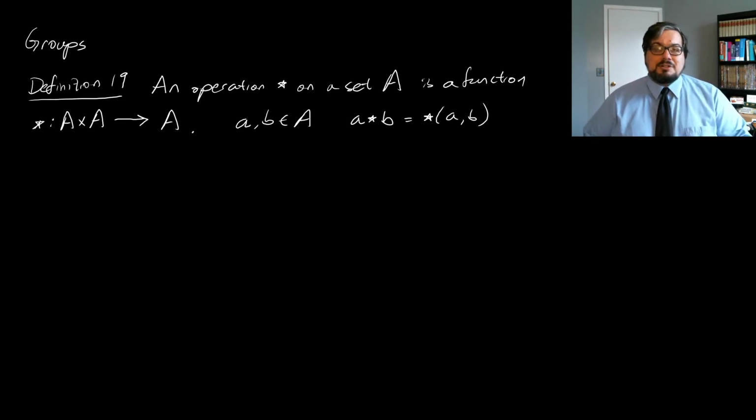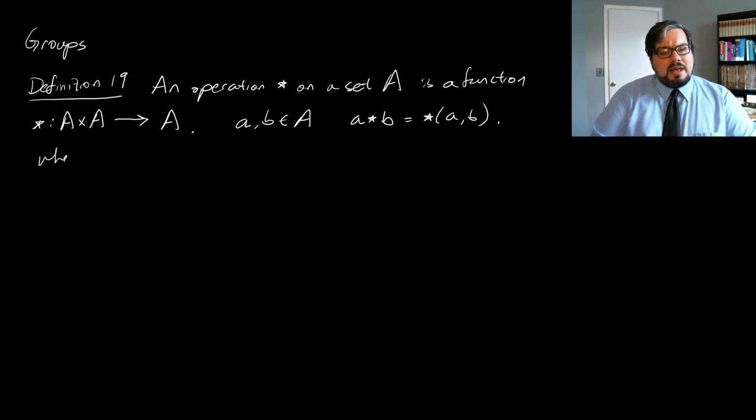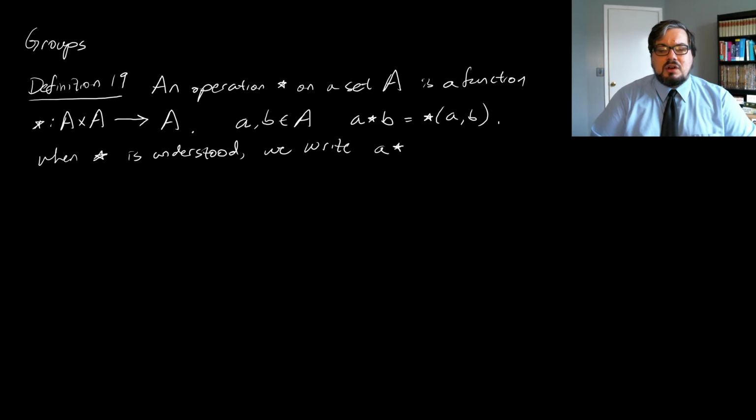Common examples of operations include addition, multiplication, subtraction, division, composition of functions. Any type of situation where you take two elements in a set, combine them together some way to get another element out of the set is an operation. Now, when the operation star is understood, we often write a star b as simply ab.